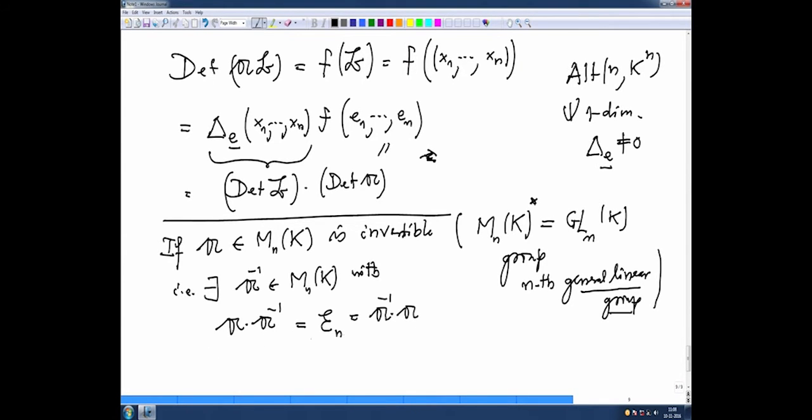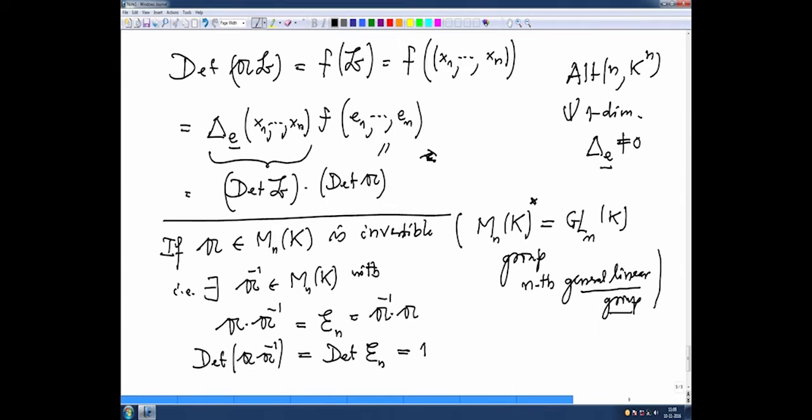So when you apply determinant on both sides, we get the determinant of the product equal to the determinant of the identity matrix, and the determinant of the identity matrix is obviously 1, because if you want to formally say it, it is an upper triangular matrix with 1, 1 on the diagonal, and the product of the diagonal entries is 1.